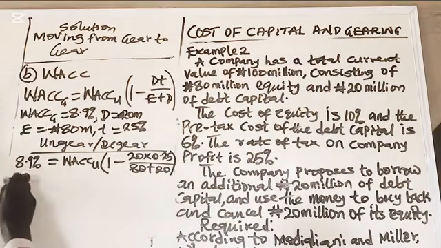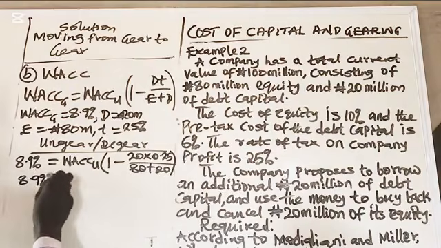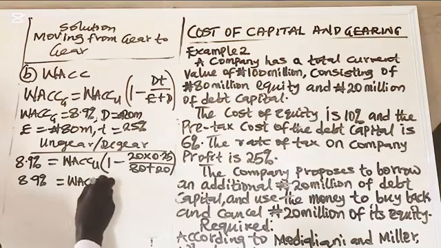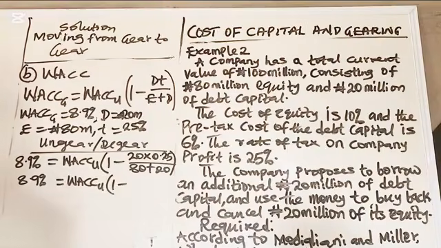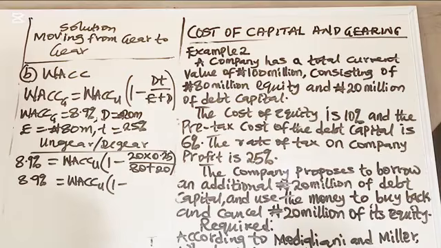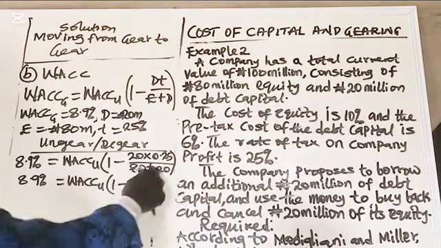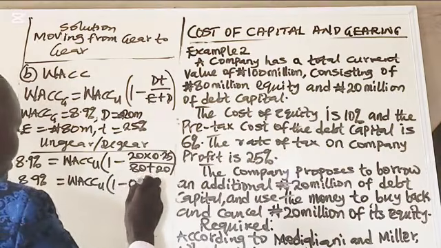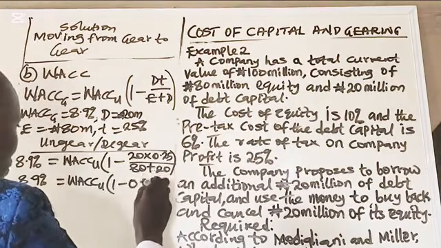So we have 8.9% equals the WACC of an ungeared company times 1 minus, and 20 times 0.25 gives us 5. Then 5 divided by 80 plus 20, that is 100, gives us 0.05.